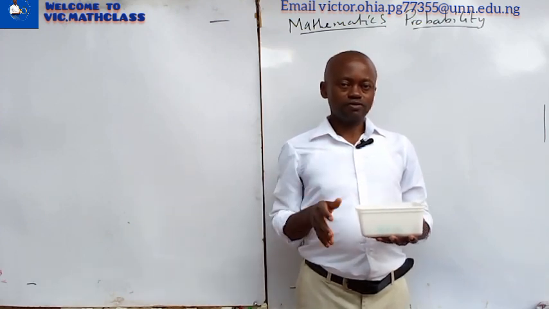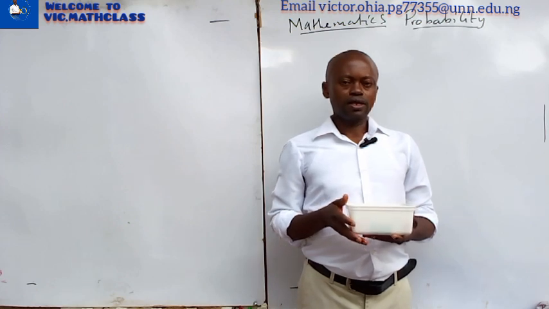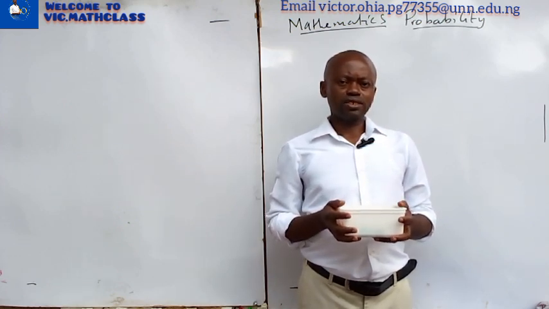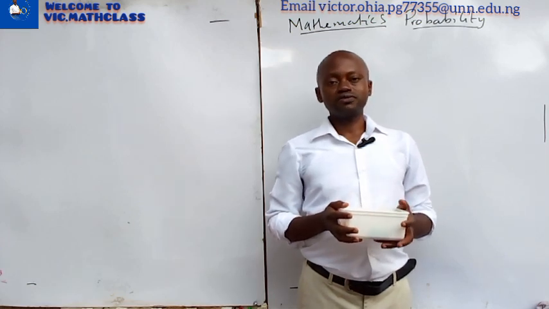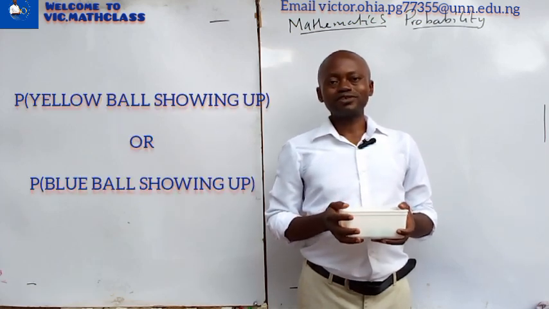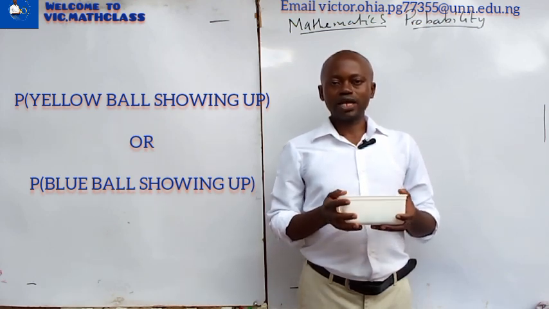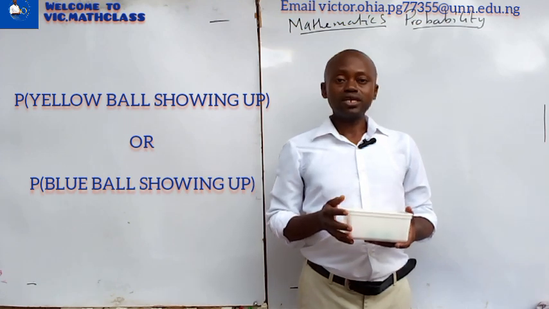Now, when do we say that events are mutually exclusive? When we say events are mutually exclusive, it simply means that the events cannot happen at the same time. Let me explain.